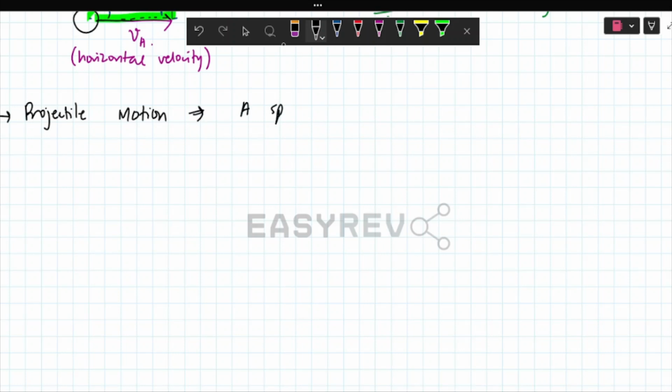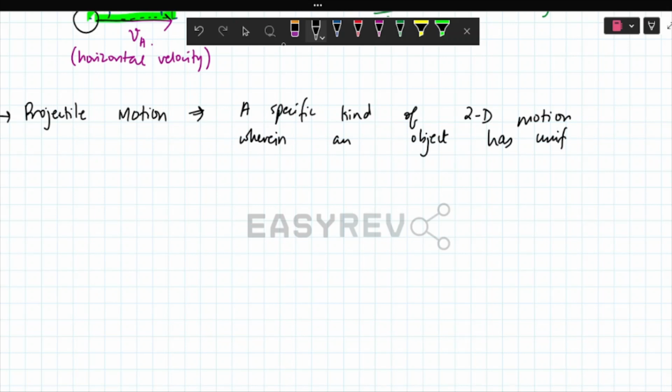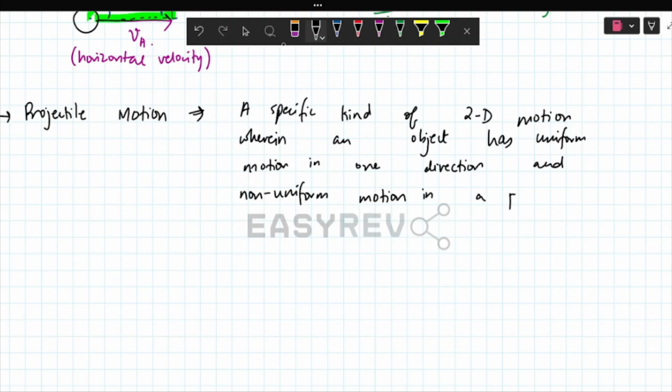Think of it as a specific or a special kind of two-dimensional motion wherein an object has uniform motion in one direction and non-uniform motion in a perpendicular direction.